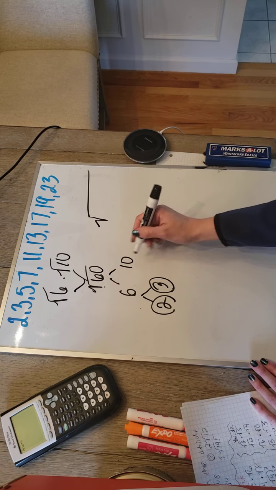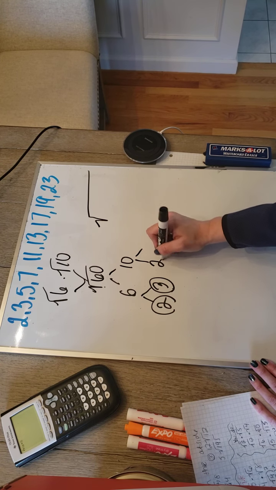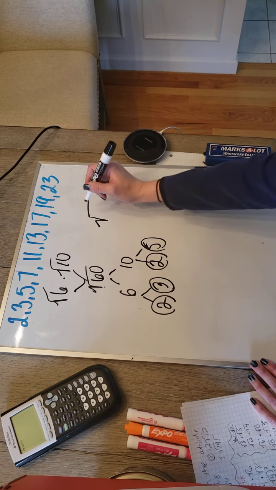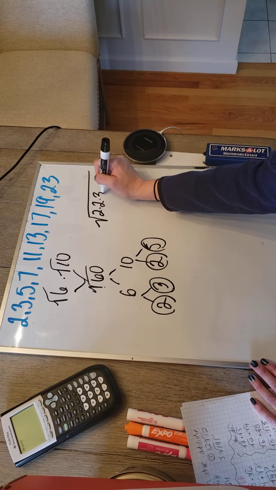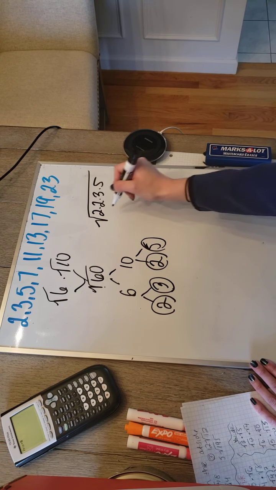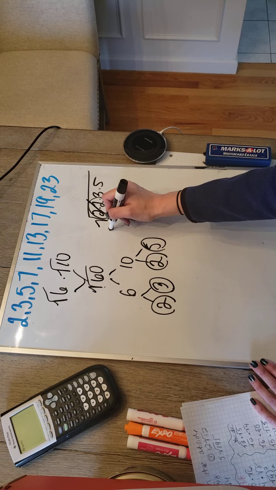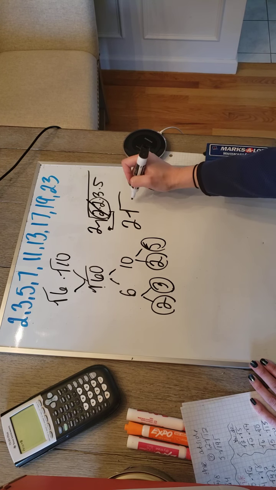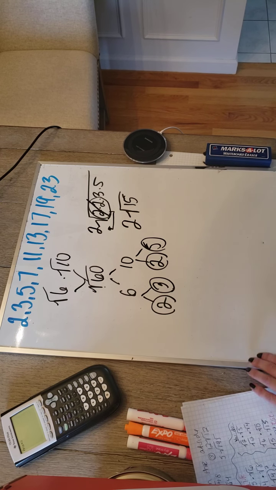It's not prime, which means you could break it down. It goes to 2 and 5. So now you have all circles: 2 times 2 times 3 times 5. Circle your pairs, cross it off, 1 comes out. 2's on the outside. 3 times 5 is 15, so 15 is on your inside.